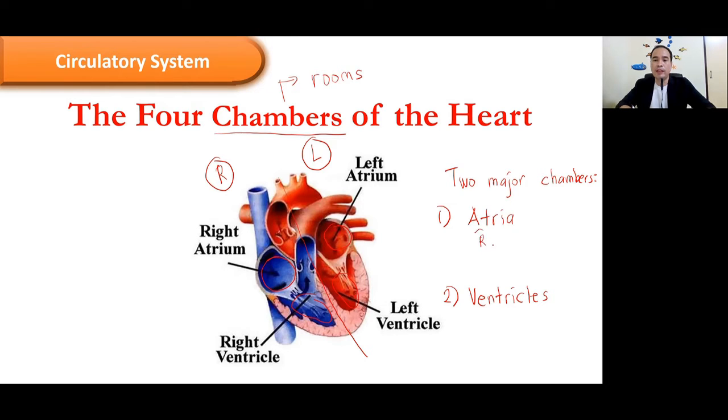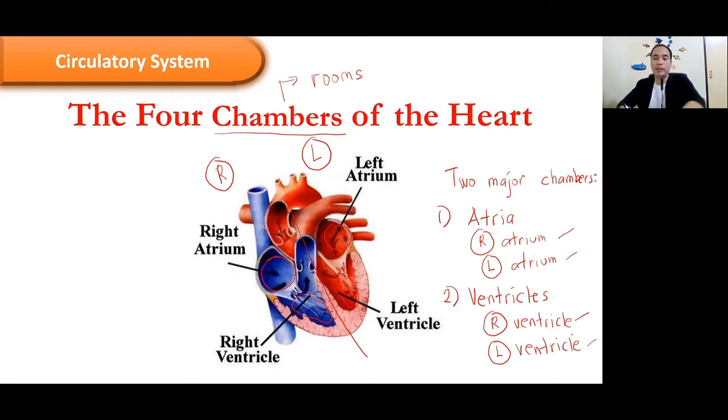So you have your right atrium and also your left atrium. Your word ventricles is the plural word for ventricle. So you have your right ventricle and you also have your left ventricle. Okay, so right atrium, left atrium, right ventricle, left ventricle, these are the rooms of your heart.